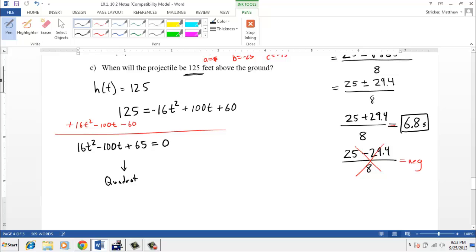And we could solve this with the quadratic formula. I'm not going to take the time in this video to do that. We know how to do it. You end up getting two answers here. You end up getting that t is equal to about 0.7 seconds, and t is equal to about 5.5 seconds.